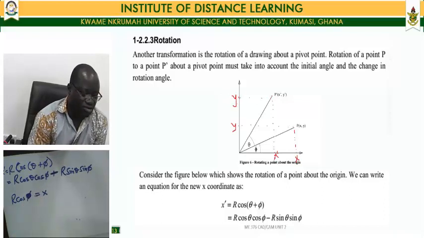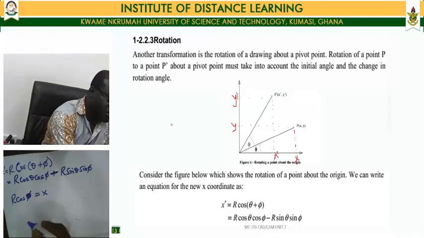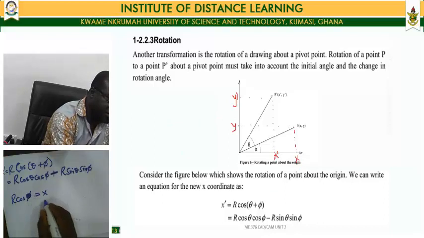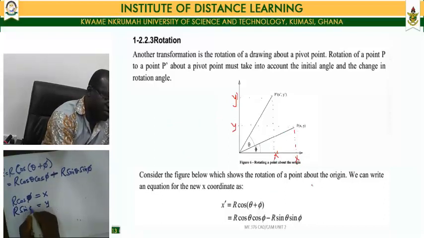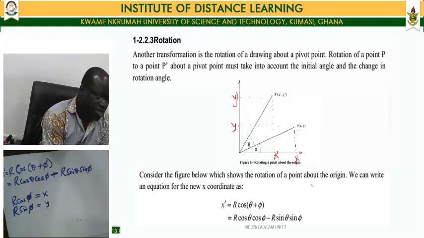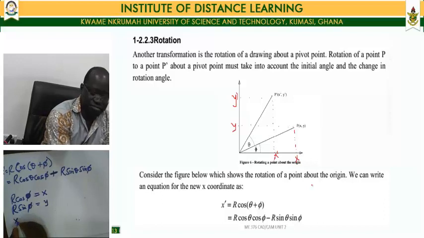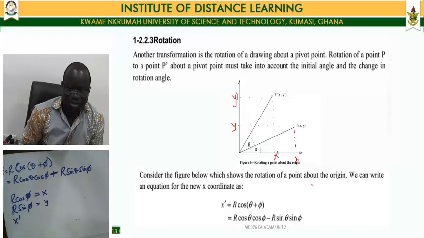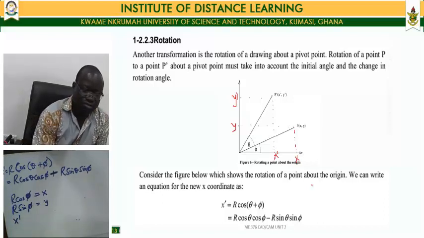And then you notice that y is also r sine phi. So it means that we can write x prime as shown here.